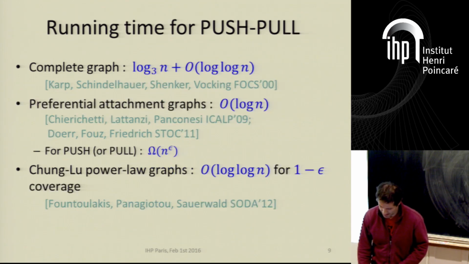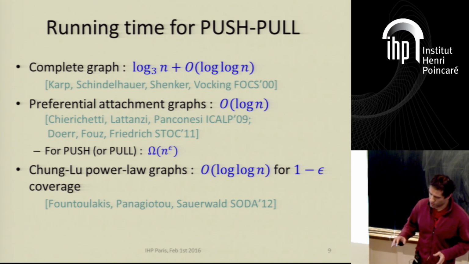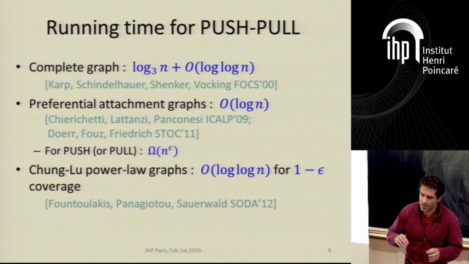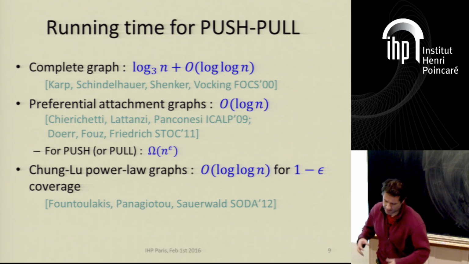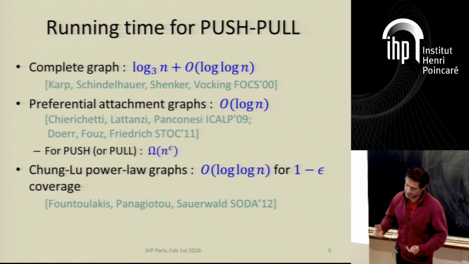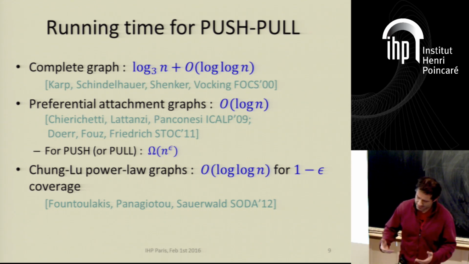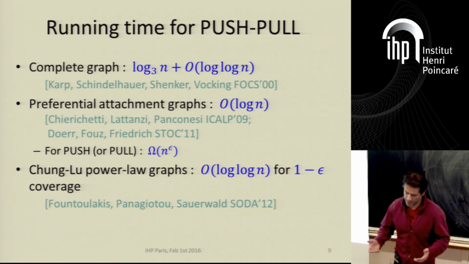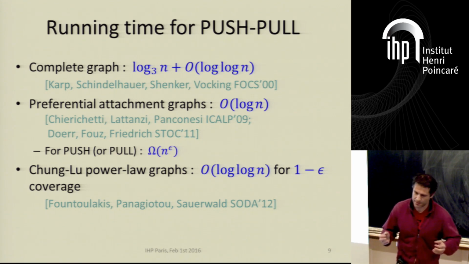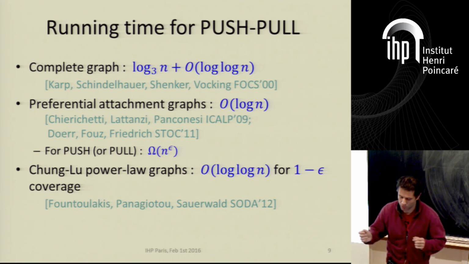Okay, so the push-pull protocol was initially introduced in order to reduce the number of messages, essentially for rumor spreading on the complete graph. But subsequently it was observed that it performs significantly better than just pull or push in several interesting families of graphs where you have a wide variation between node degrees.